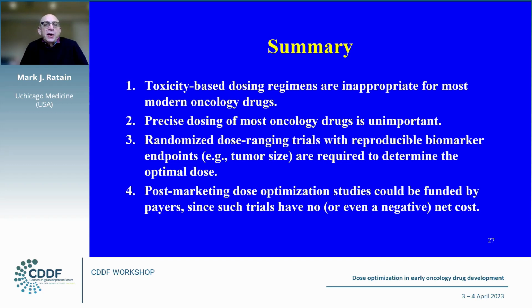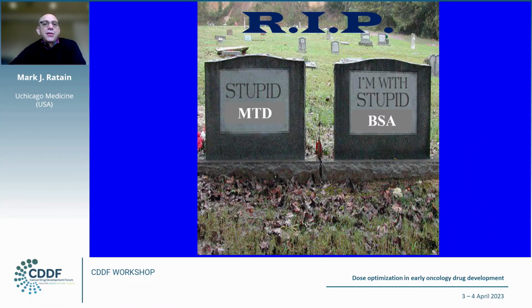Randomized dose ranging trials with reproducible biomarker endpoints such as tumor size are required to determine the optimal dose, and post-marketing dose optimization studies could be funded by payers since such trials have no or even a negative net cost. Thank you for your attention, and I hope we stop talking about both maximally tolerated dose and BSA-based dosing. Thank you.